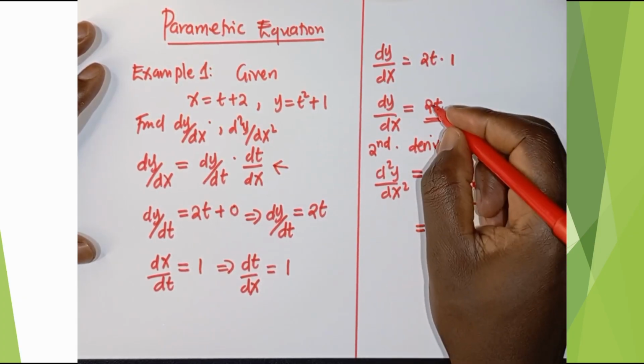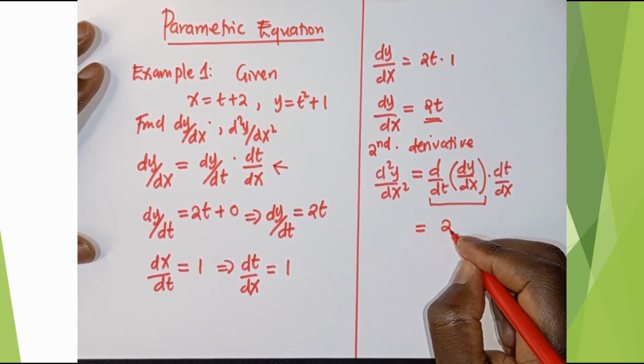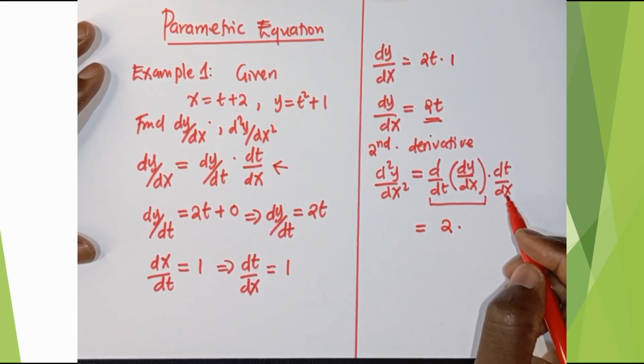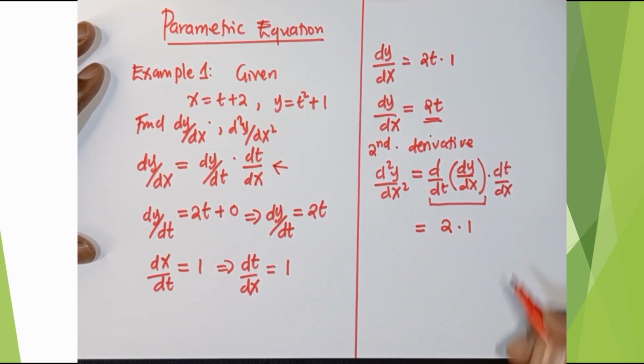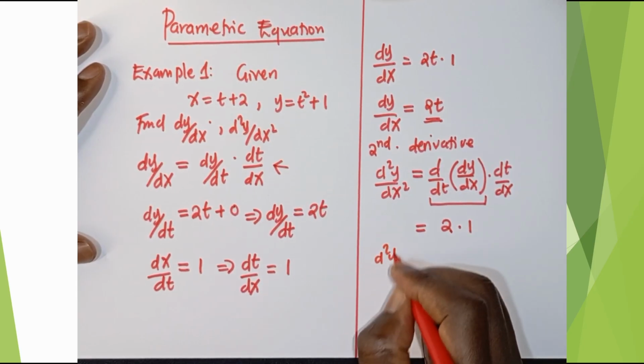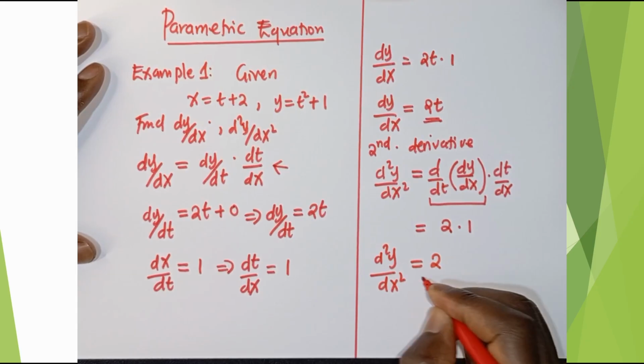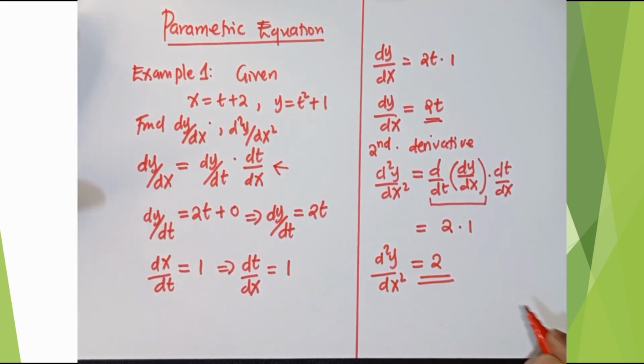When we differentiate 2t, we get 2, times dt by dx, which is 1. Therefore our second derivative, d squared y by dx squared, is actually 2. That is it.